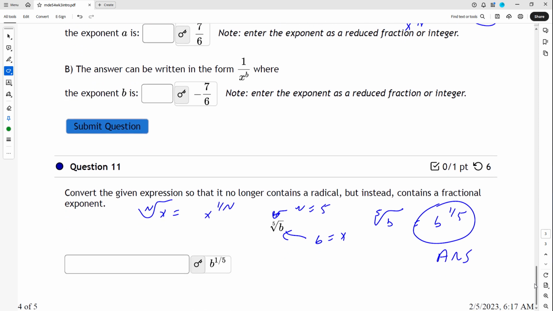And number 11 is the last one. Convert the expression so that it does not contain a radical, but instead contains a fractional exponent. Here I have the 5th root of x.